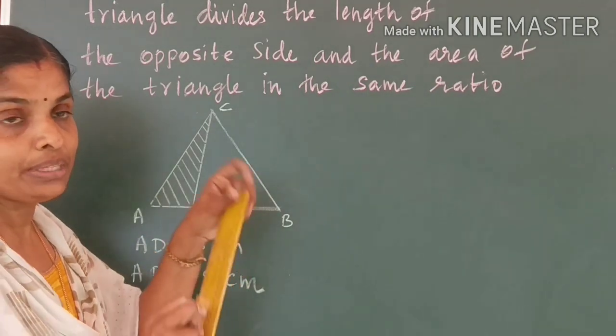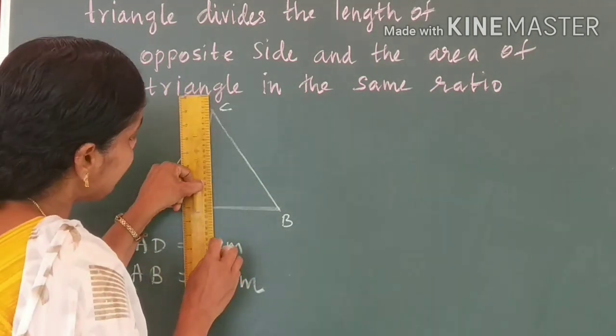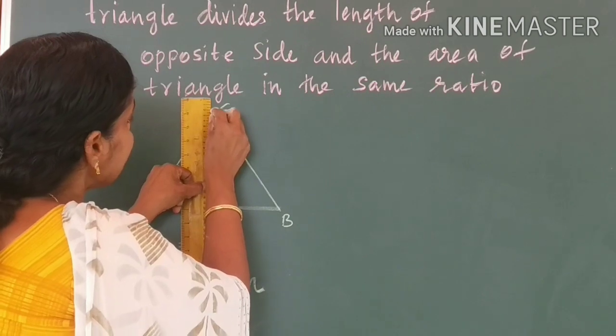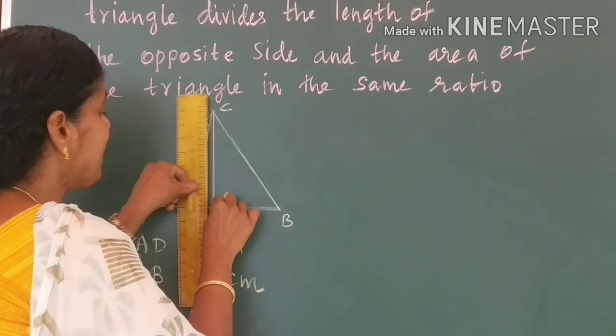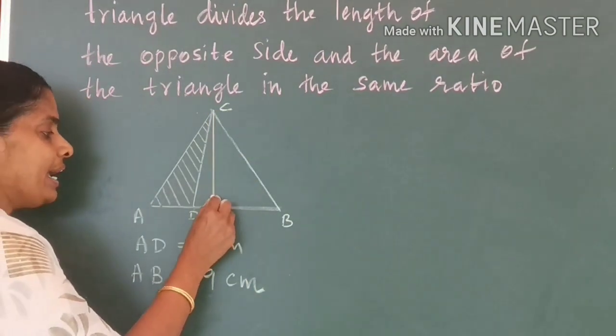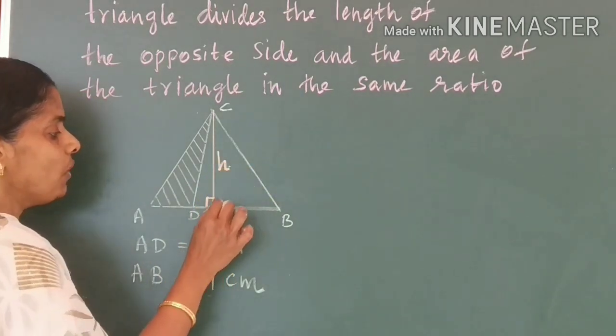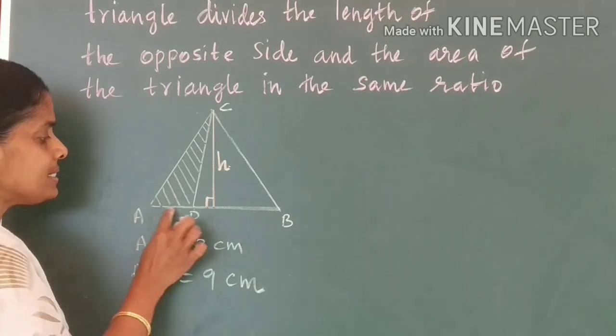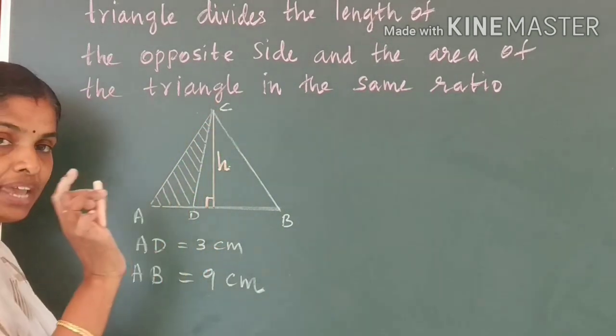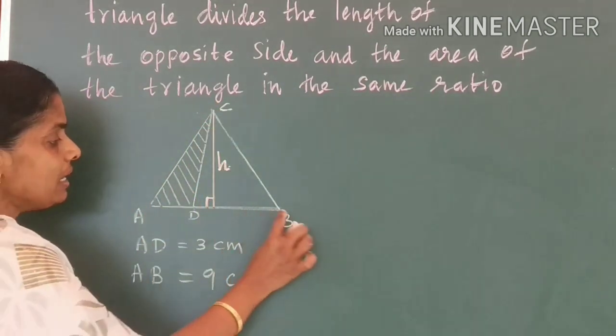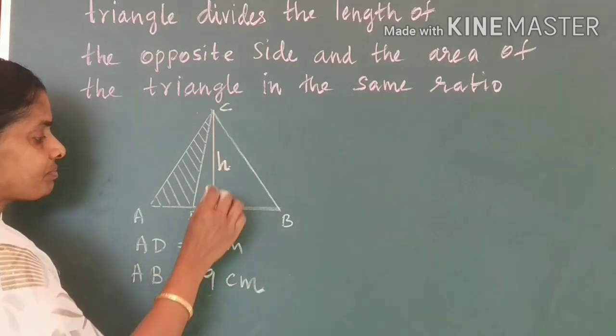I will show you the height. A perpendicular drawn from C to the base is going to be the height. See, this is the height. This is the height for both triangles ADC as well as ABC.